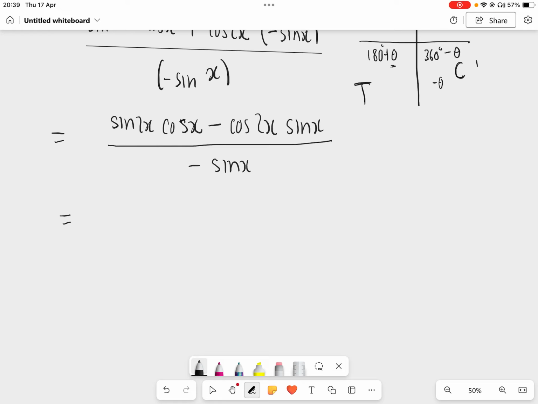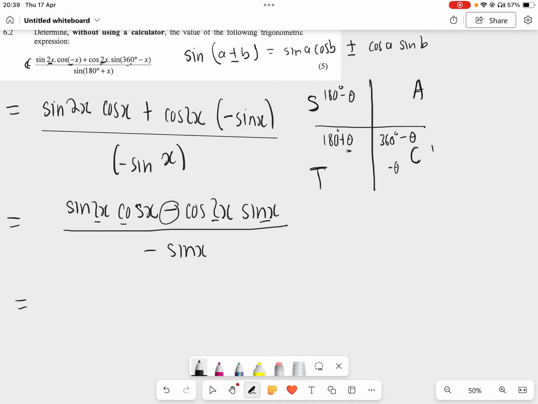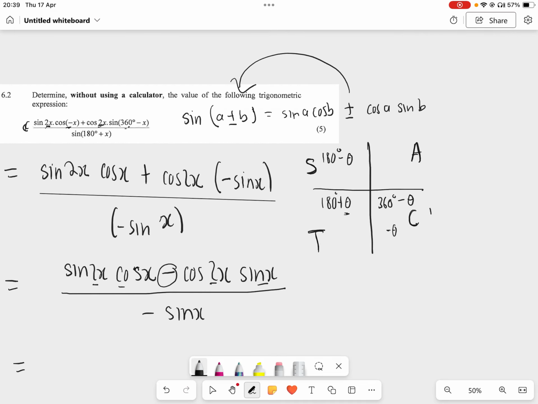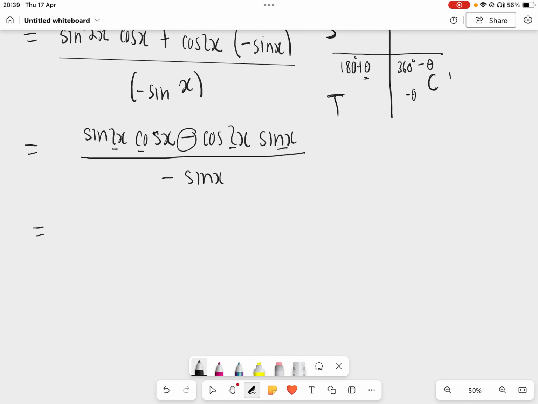So now you see we have a familiar form: sine, cos, sine, with the minus sign in between. So meaning that you can go back in reverse, right? So here we're going to have the sine of the first angle 2x, the sign we keep as it is, minus the second angle, and then negative sine x.